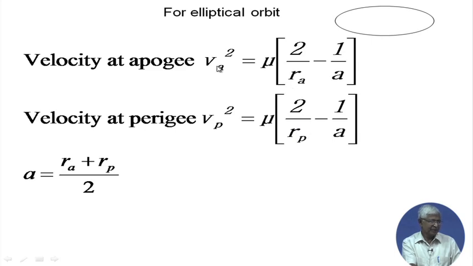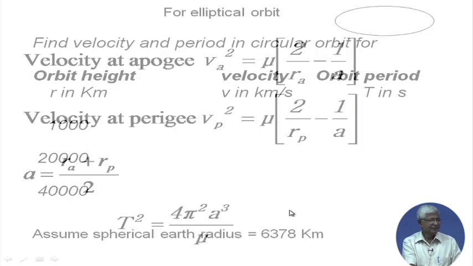So, therefore, you can see, depending on the ra and rp, the velocity at apogee and perigee is different, and T square is represented by 4 pi square a cube by mu, just like in circle it is 4 pi square r cube by mu. These are the formulas which you know.